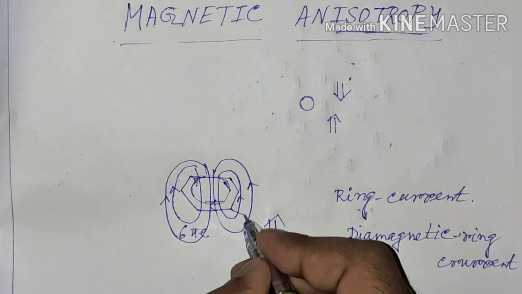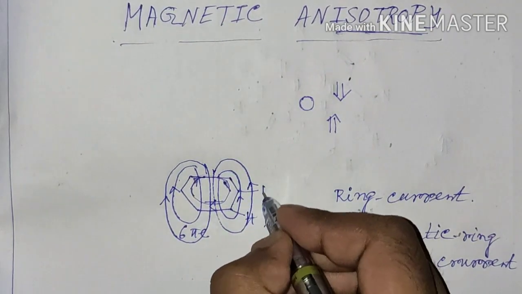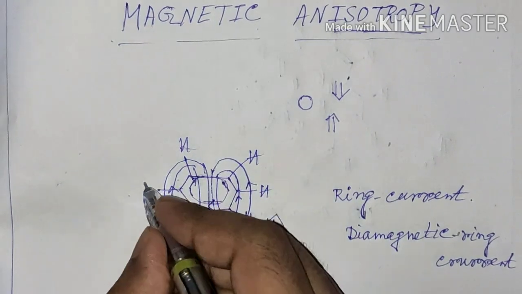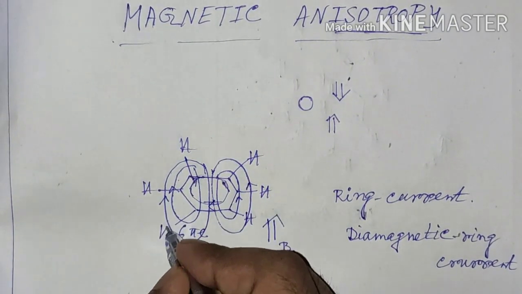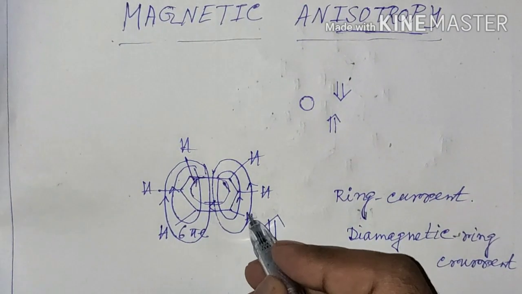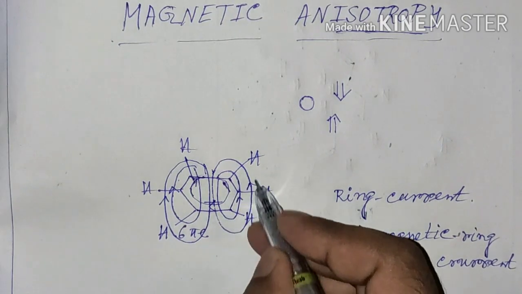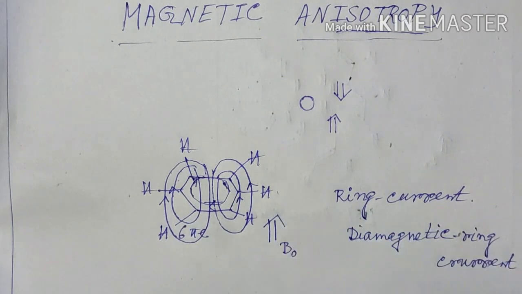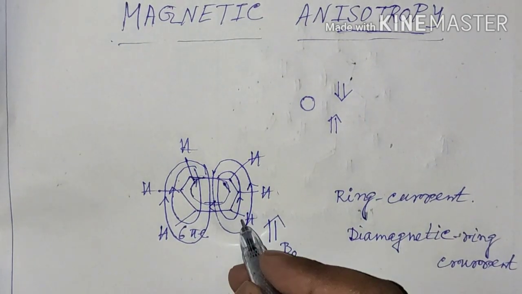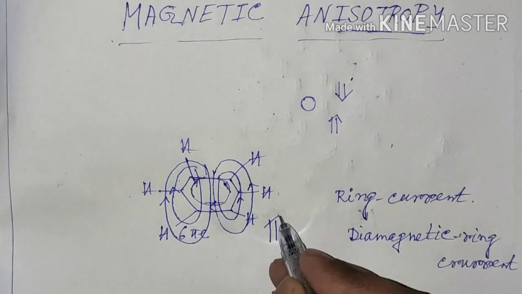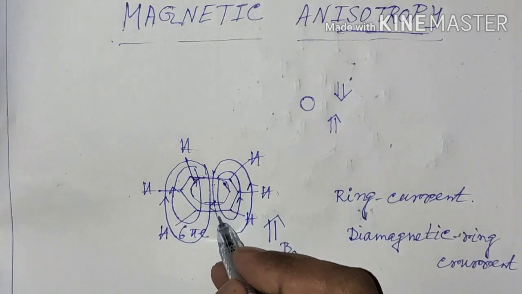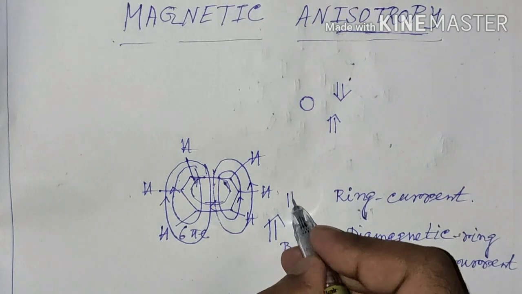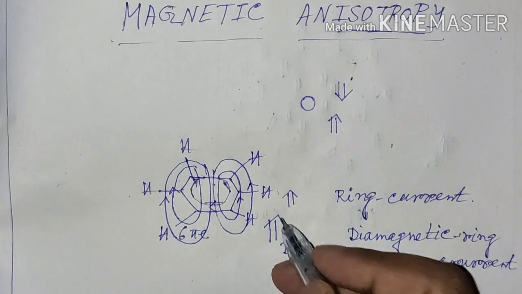Now if we draw the 6 hydrogen atoms, the C-H bonds of benzene, we can see that the outside protons will feel a greater magnetic field, since the applied magnetic field is in this direction and the induced magnetic field in this case is in the direction of the applied magnetic field.